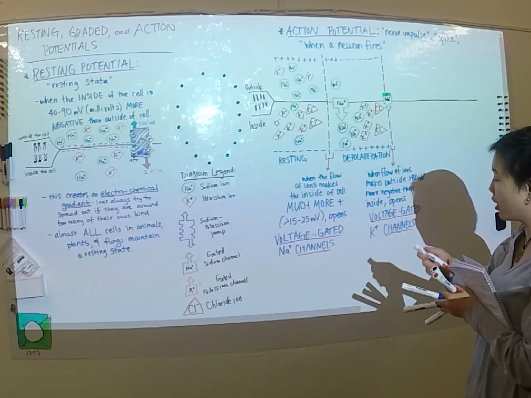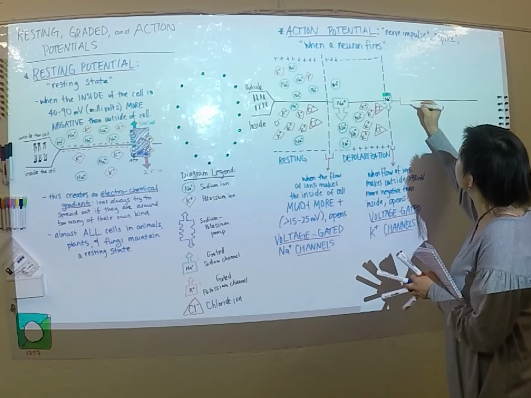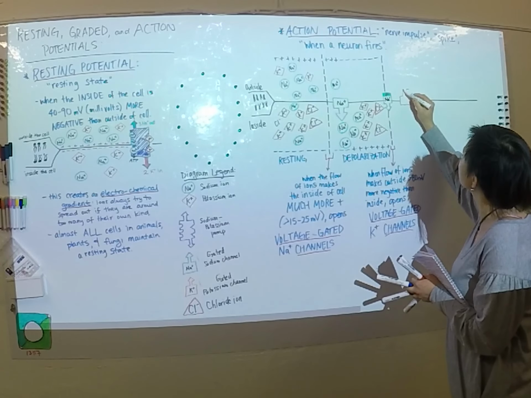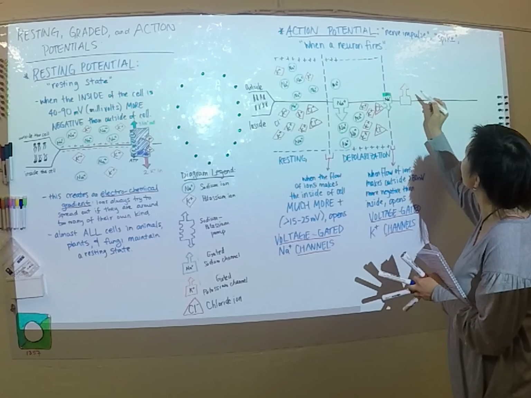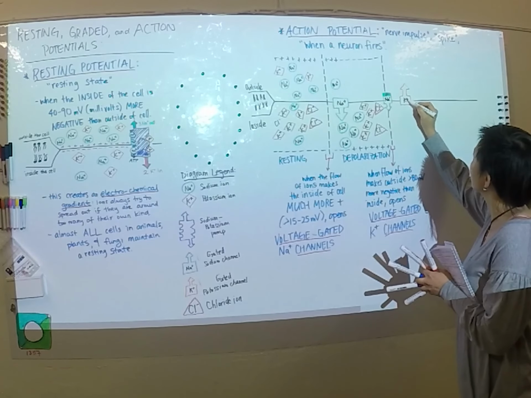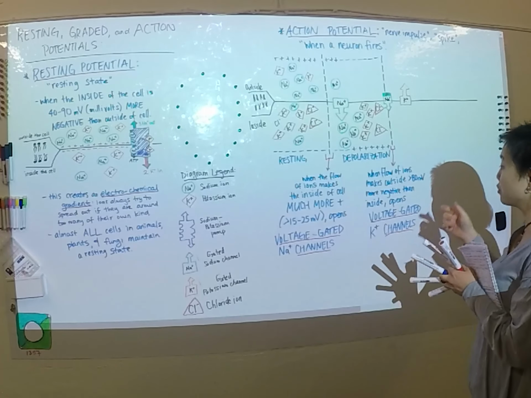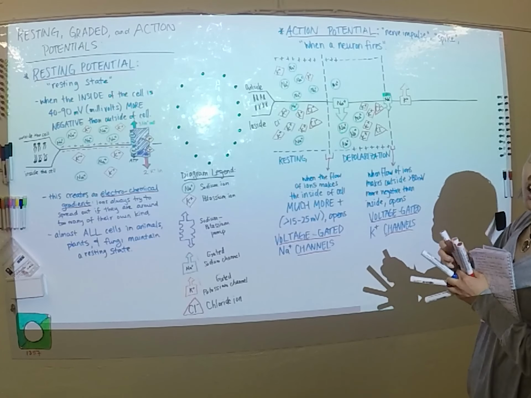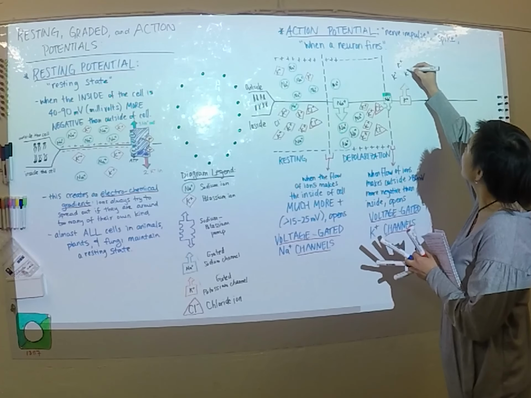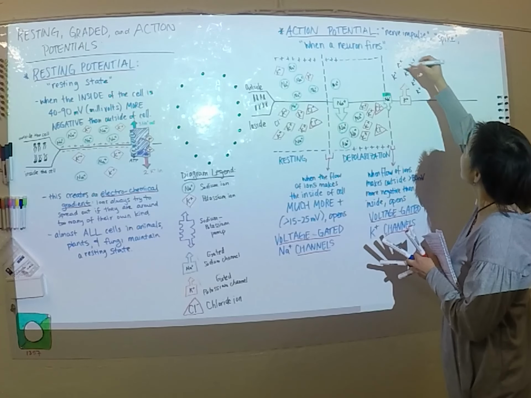Okay, so let's draw our potassium voltage-gated channel. All right, so now potassium is loving this. They're just going to all rush out and have a huge party outside of the cell. They're like, yes, we're finally out here.